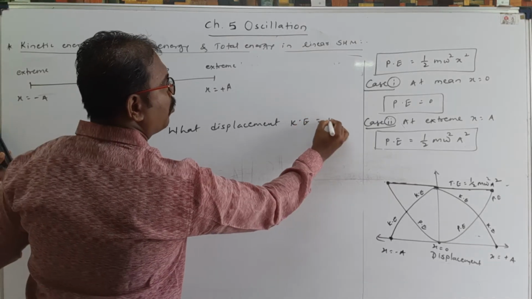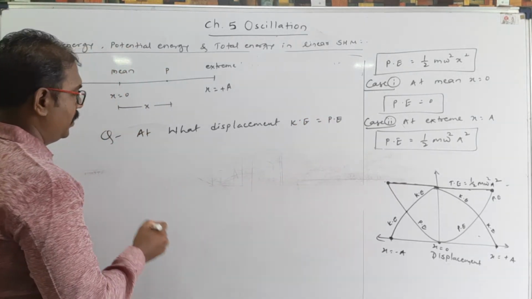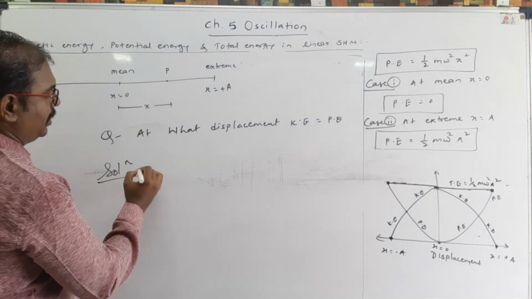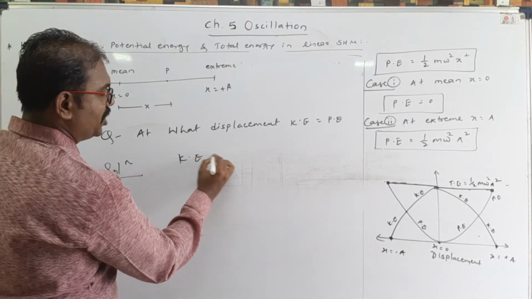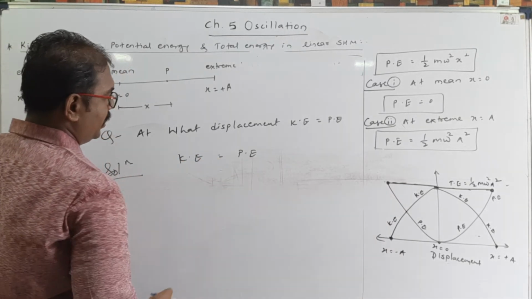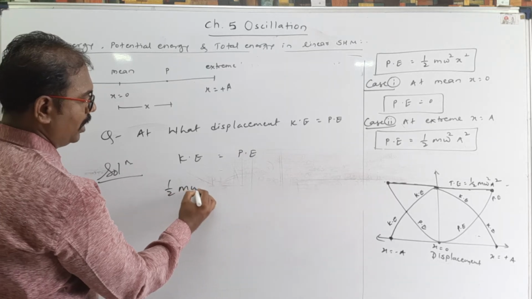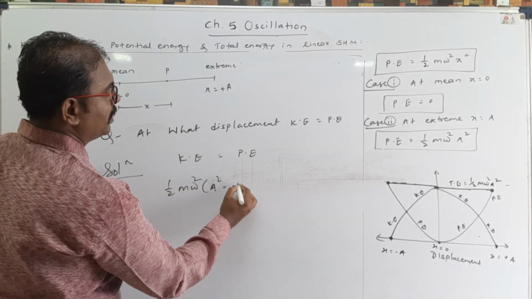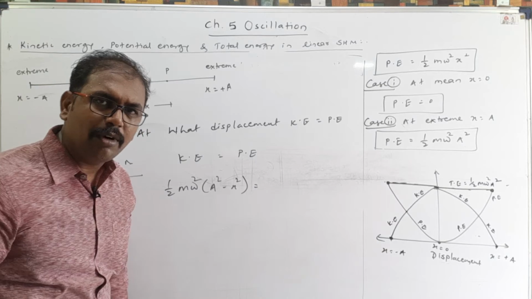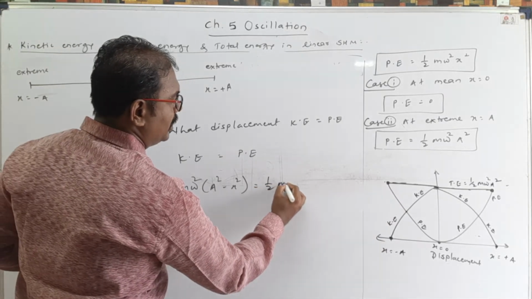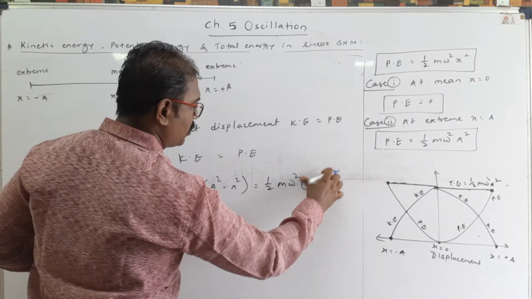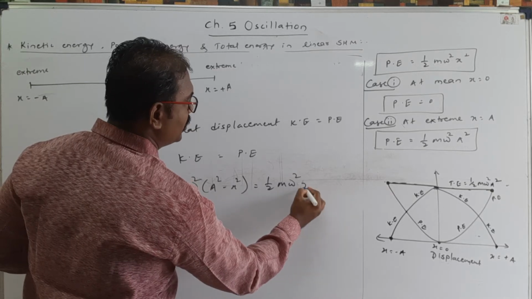kinetic energy and potential energy are same, then we can find out the answer of this. So the given condition is kinetic energy is equal to potential energy, we can substitute the formulas of both: 1/2 m ω² (a² − x²). You can substitute the formula in terms of K also. Potential energy is 1/2 m ω² x².